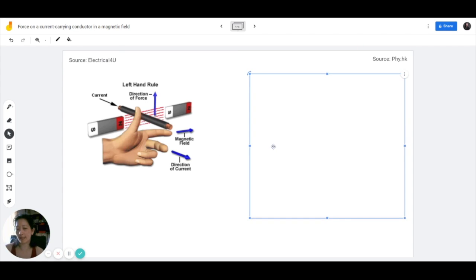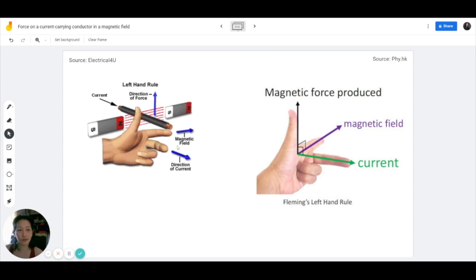So how you remember it is this way. Thank you to phy.hk for this amazing diagram. So your thumb represents the magnetic force, index finger represents the magnetic field, and the middle finger represents current. Here's my way of remembering what each thumb and finger represents.